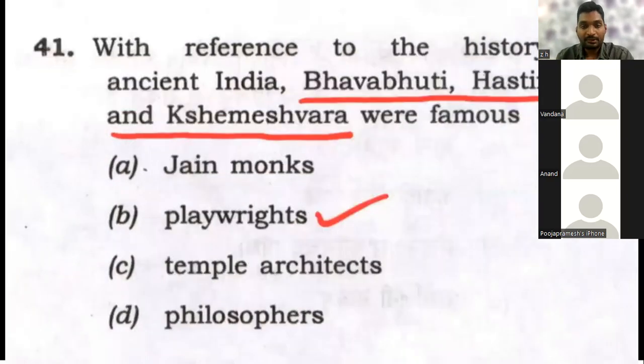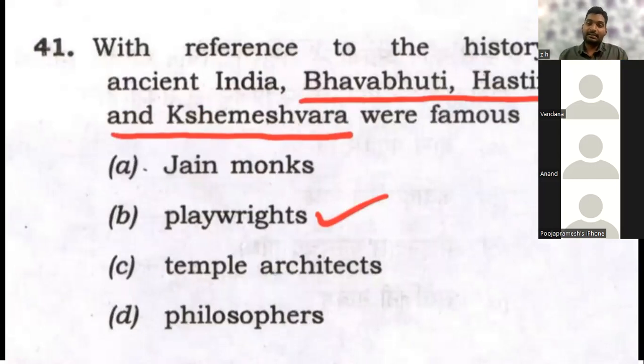Taking another example, when you come to this question, with respect to history of ancient India, Bhavabhuti, X, Y, Z, and ABC are famous for. If you haven't read anything about Bhavabhuti, it's quite natural that you completely skip the question and move to the next question rather than reading all the options and thinking about the correct answer. Option A, Jain monks. Option B, playwrights. Option C, temple architects. Option D, philosophers.